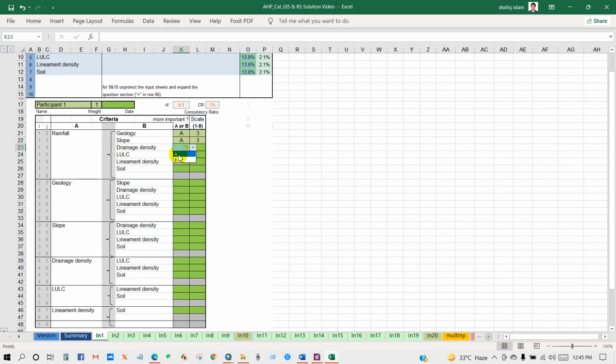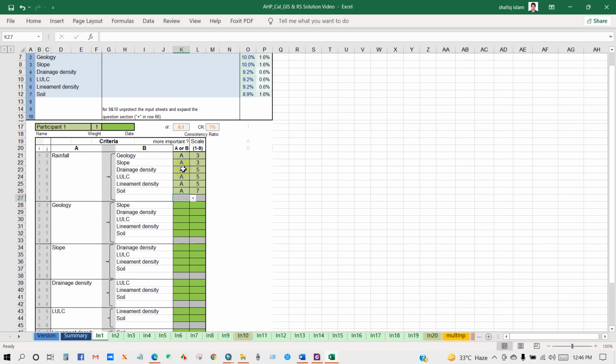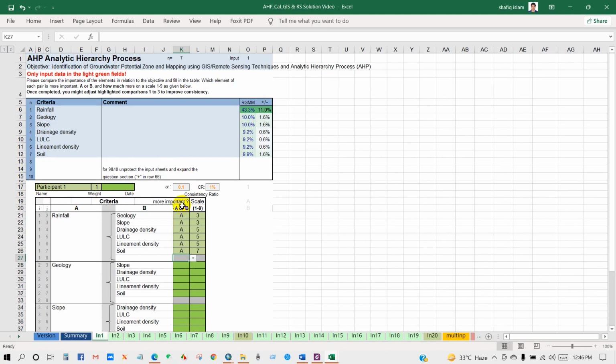Rainfall is more important than drainage density, so I will give it 5. Then between rainfall and LULC, this will be A and a scale 5, and rainfall and lineament density I will give 5, and then rainfall or soil. Rainfall is more important than soil for my study area, so here I have given 7.